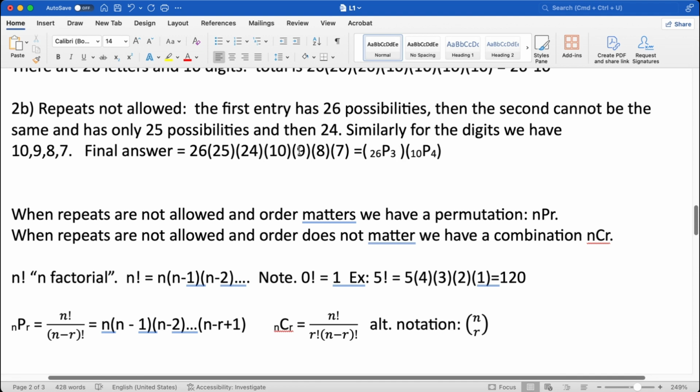So again, when the order matters and repeats are not allowed, we have a permutation.